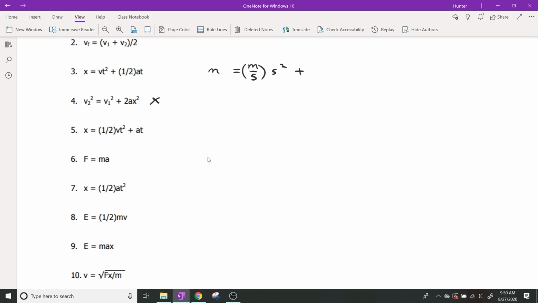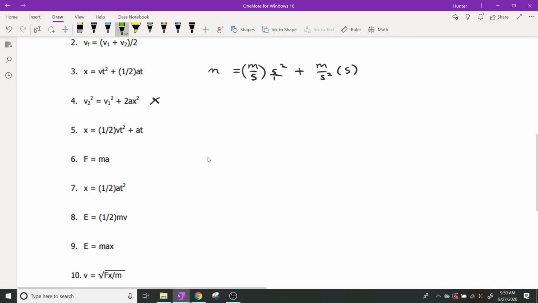Plus, ignoring the 1/2, the A is in meters per second squared, and the T is in seconds, which means I should get everything to cancel out and equal meters, and I don't think that's going to happen because this is meters per second. This is second squared over 1. So I can get rid of one of the units here, but I can't get rid of both. So this one can go away, but that leaves me with meter seconds up here. So this already doesn't work.